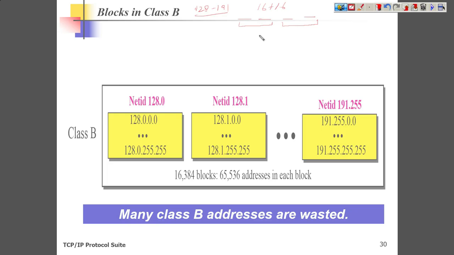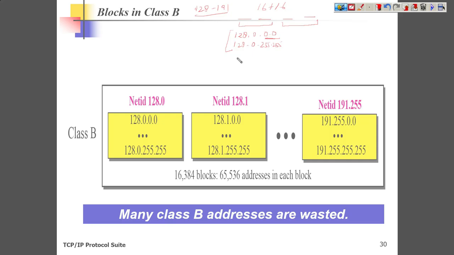The first address goes from 128, so we write 128.0.0.0, and the last address is 128.0.255.255. This is your host part: all bits 0 is the first address and all bits 1 is the last address. This is the first block in class B.